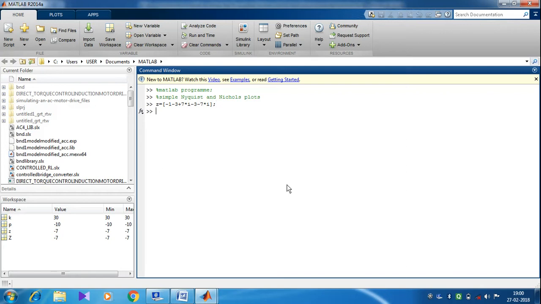Then now we'll write the program for the poles.